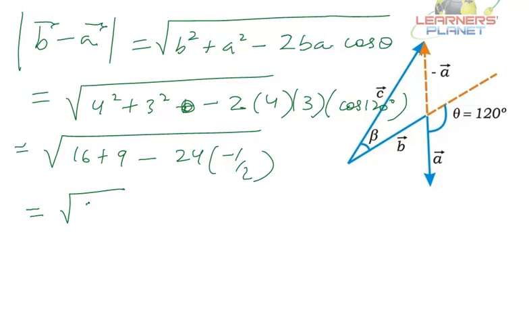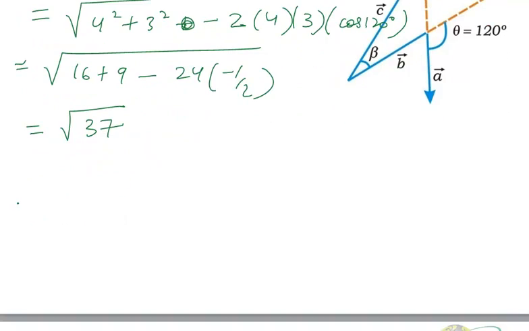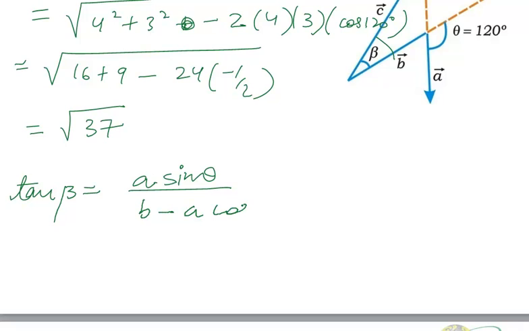So if you calculate this, you are going to get root 37. Now the angle beta that you have to find out is tan beta equal to A sin theta upon B minus A cos theta.